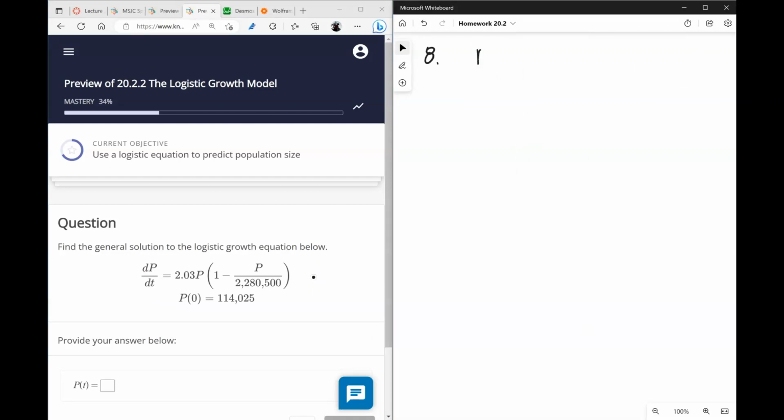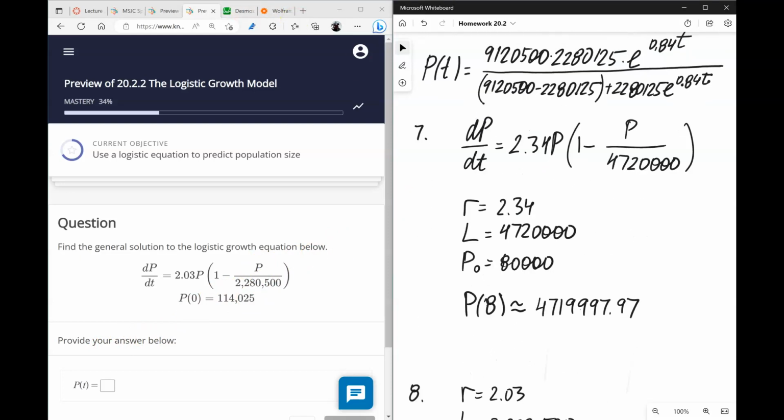Same problem, right? So we know R, we know L, we know P0. We plug everything in. Actually, here we don't plug everything in. We have to write the solution.